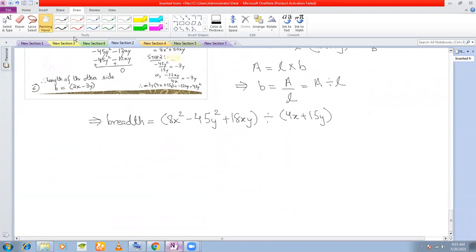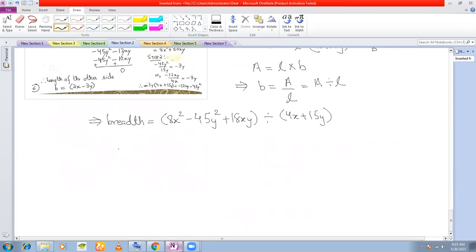Now, can they be divided? Can you tell me the degree of the dividend here? Two. And the degree of the divisor? One. So they can be divided.